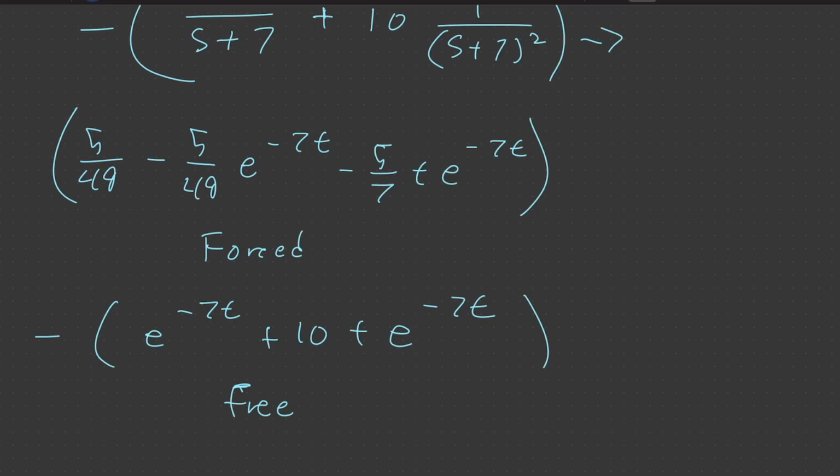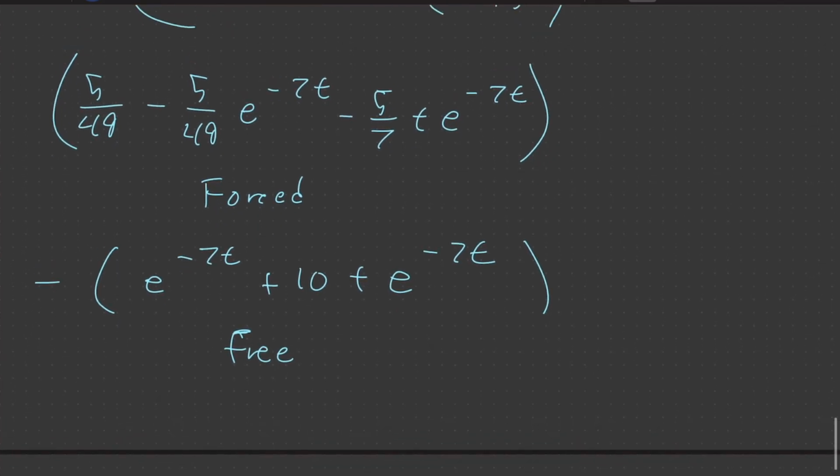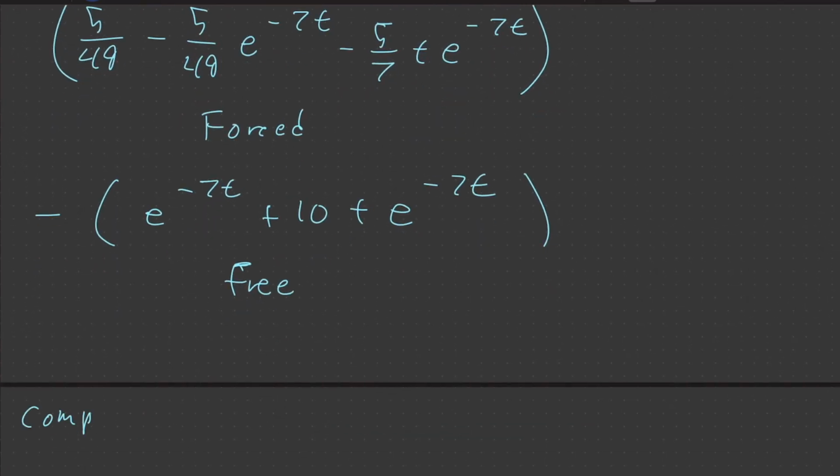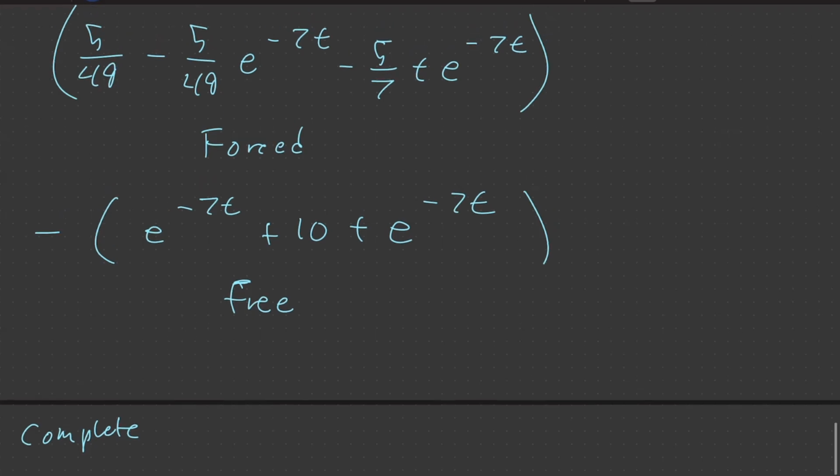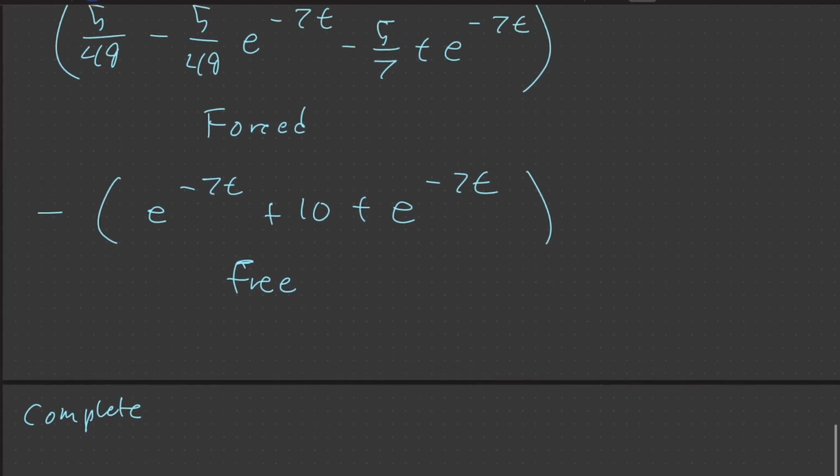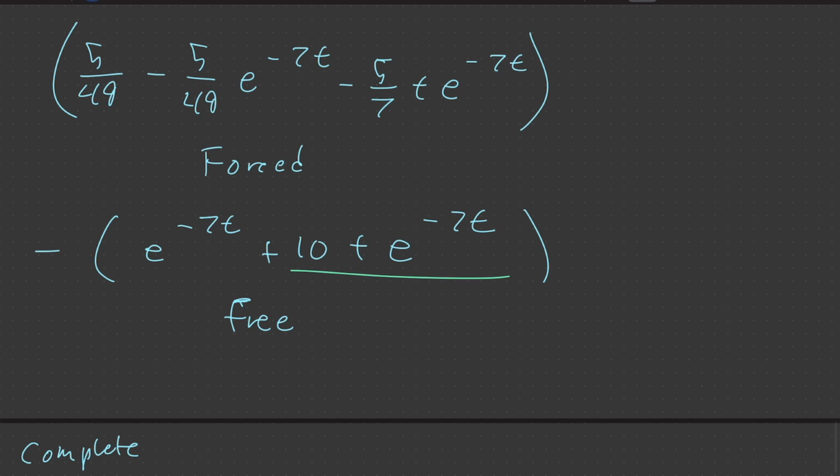Right. And then in order to get these together for the complete response, we're going to go ahead and combine all of our like terms. Let's highlight our like terms. We have the t and e exponentials here, and we have just our exponentials here, and then we have one constant term. Okay, so let's go ahead and rewrite that.